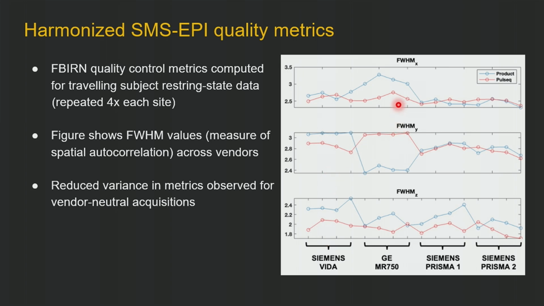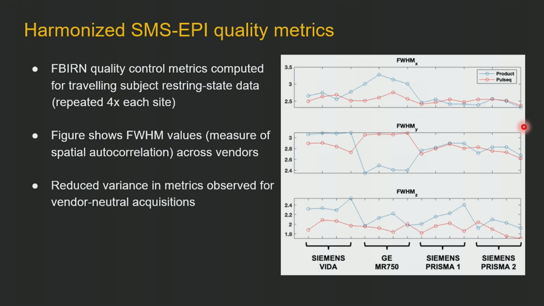The point here is that if we plot that for the product in blue and the PulseSeq data in red, the variance of these values for each of these metrics is less with PulseSeq. So as we go along these vendors, we're getting less variance with our vendor agnostic sequence.